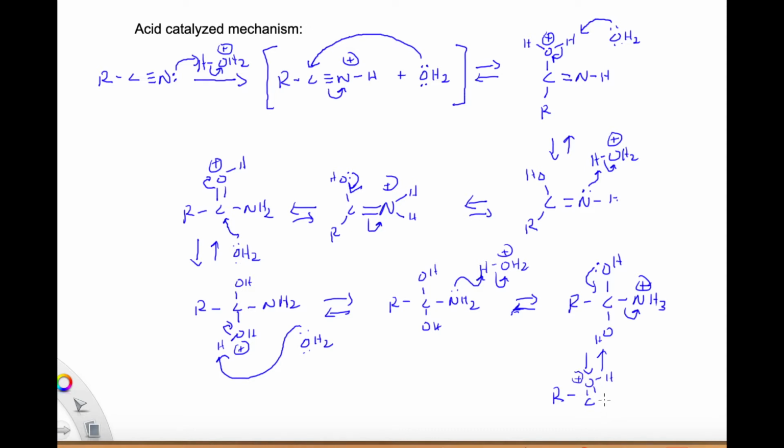Notice that we still need to regenerate our acid at the end, and so we're going to do that by having water come and pick up that proton that's still hanging to the top there of our carboxylic acid. And this will form our final carboxylic acid product here at the end.